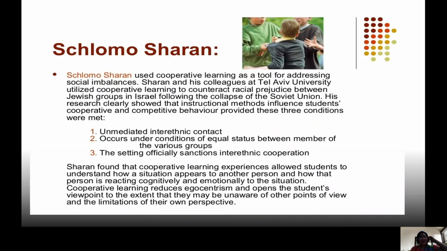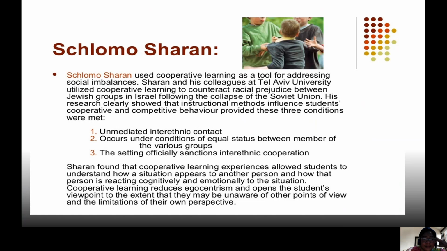Another researcher is Shlomo Sharan, who used cooperative learning as a tool for addressing social imbalances. Sharan and his colleagues at Tel Aviv University utilized cooperative learning to counteract racial prejudice between Jewish groups in Israel following the collapse of the Soviet Union.